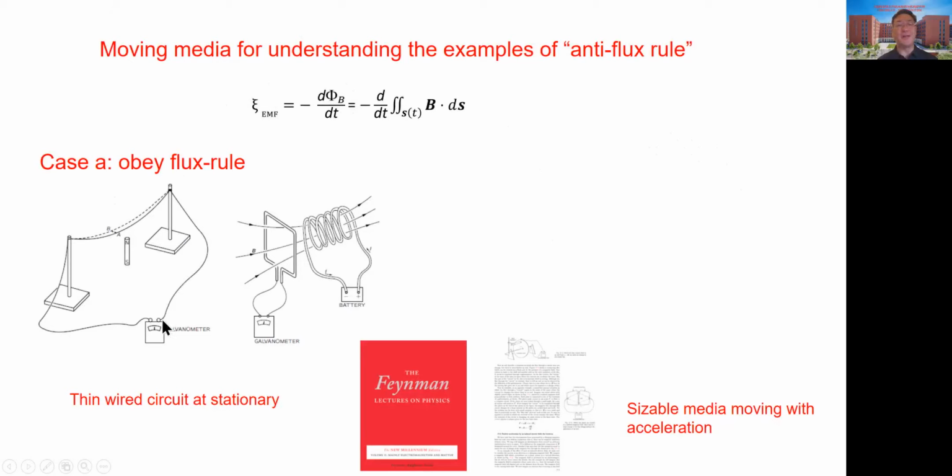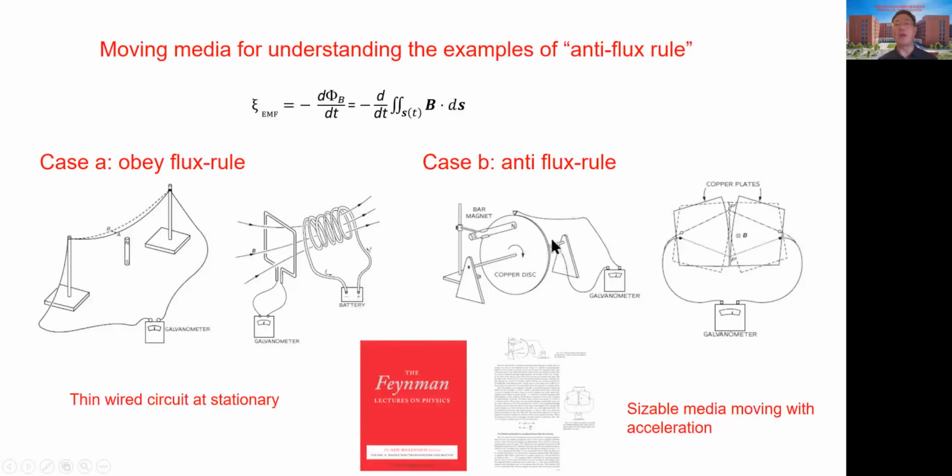If you have a linear circuit, that means a very thin wire approximation, then this works perfectly. However, if you have a metal disc which is rotating with a sliding needle on the edge, so this is basically the circuit, he pointed out this so-called anti-flux rule case. That means the rule is not valid to explain this case.